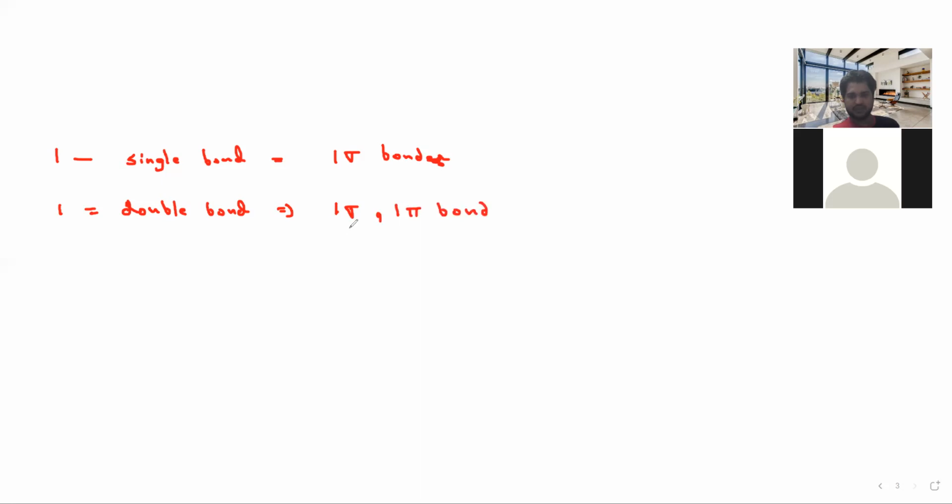And if there is a triple bond, in the triple bond, remember always it contains one sigma and two pi. Remember that.